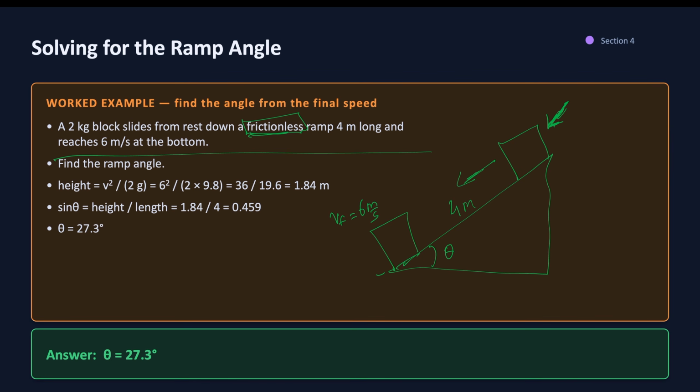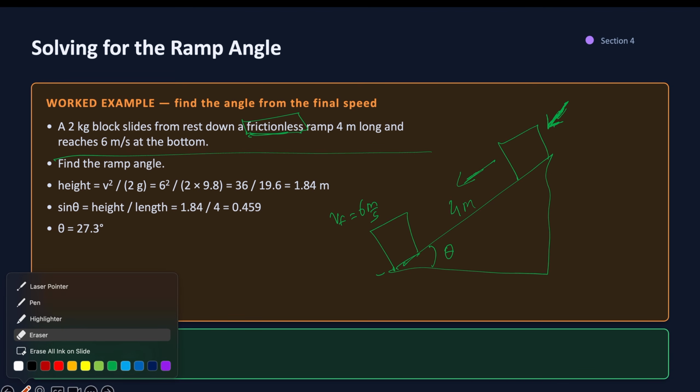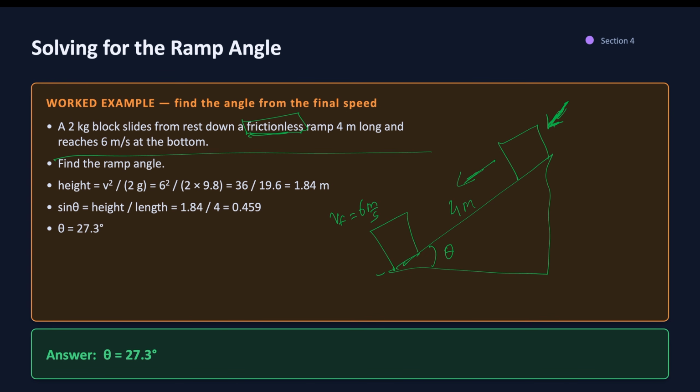Potential energy initial, which is the block's mass, 2 kg. Actually, because before I wasn't being as efficient with writing the variables, I'm just going to do that here: mgh is equal to kinetic energy, right? Because at the end we have 0 height, which means no potential energy. So 1/2 m v final squared.